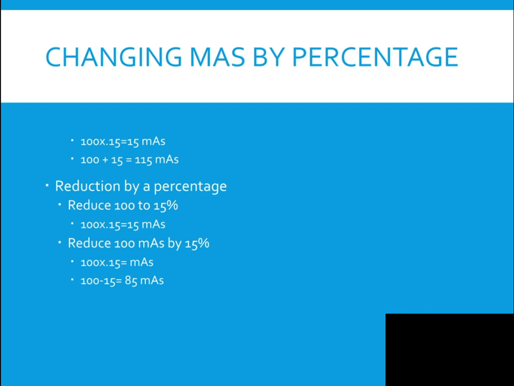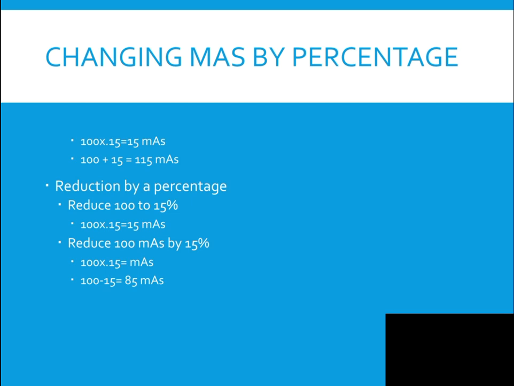Or if you're working with a calculator, in most cases you can type in 100 minus 15, hit the percentage sign, and it'll give you your overall reduction.